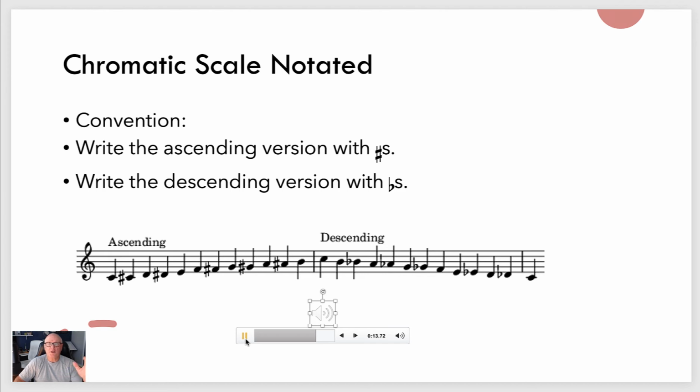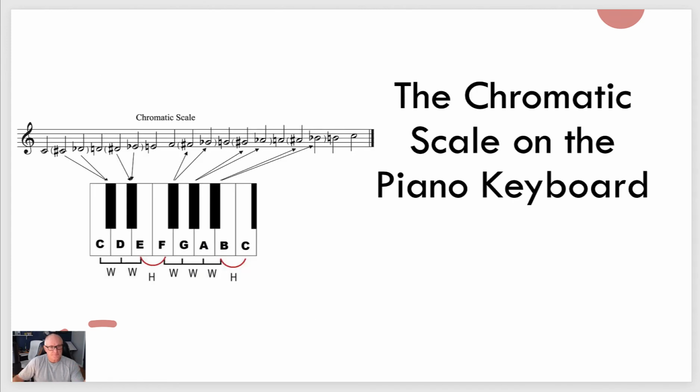And for descending, we use flats. Sometimes we'll use naturals in place of sharps or in place of flats, depending on what key we're in and where the chromatic scale occurs in that key. But this is the general convention: sharps on the way up, flats on the way down. So the chromatic scale on the piano keyboard just looks like that. It's every note.